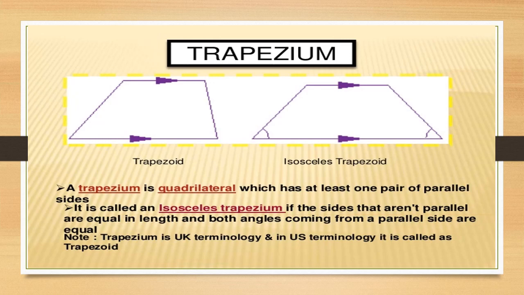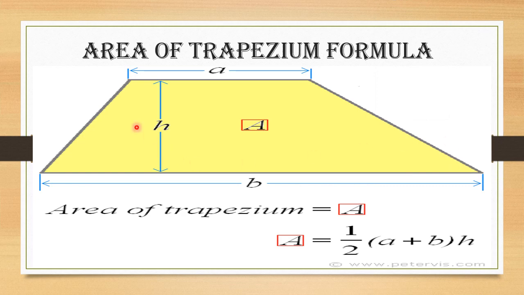Next. Formula to find the area of a trapezium. What is the formula to find the area of a trapezium? A is equal to half into (A plus B) into H, or half into H into (A plus B). This is the height.